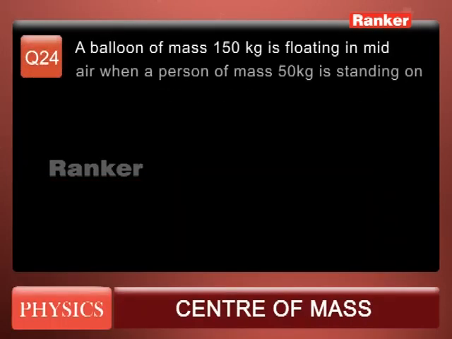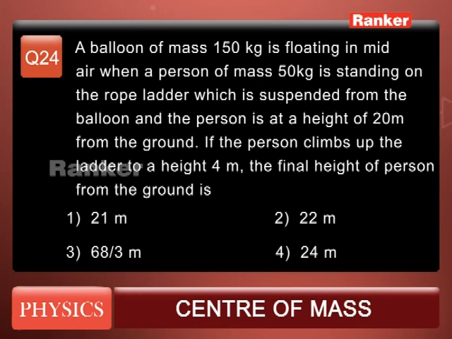Question number 24. A balloon of mass 150 kg is floating in mid-air when a person of mass 50 kg is standing on the rope ladder which is suspended from the balloon, and the person is at a height of 20 meters from the ground.